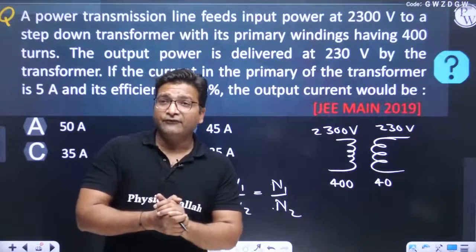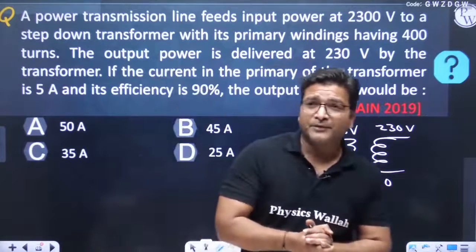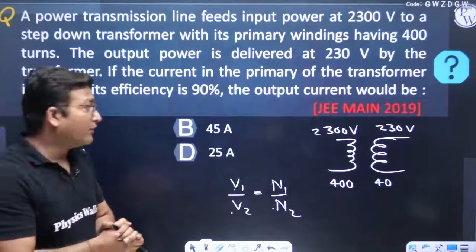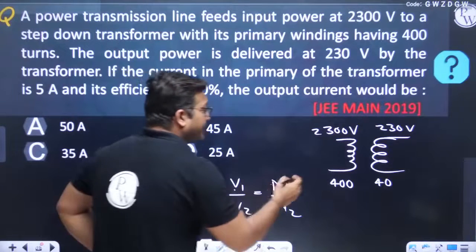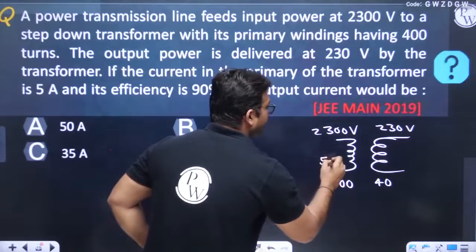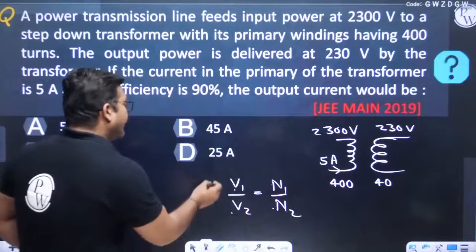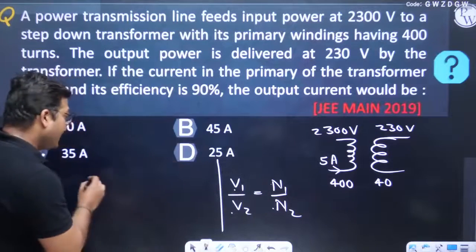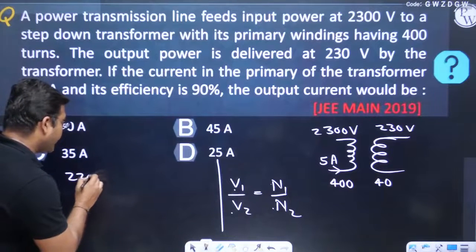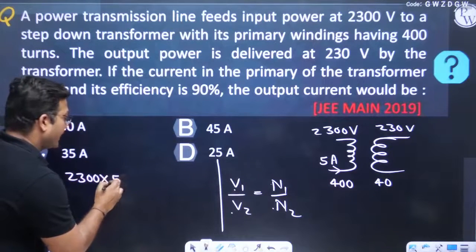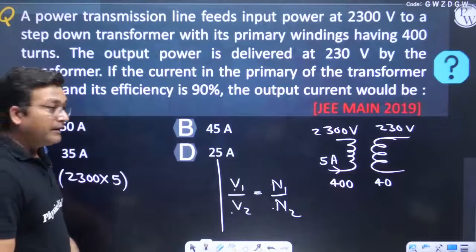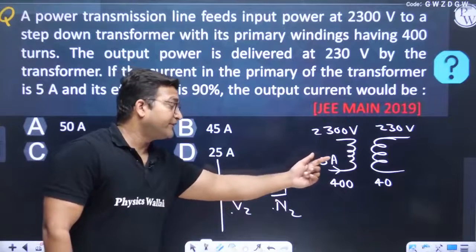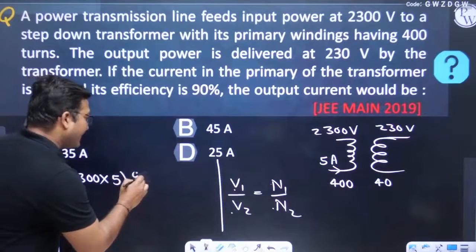Now they are saying if current in the primary of the transformer is 5 ampere and efficiency is 90%, what is the output power? So current here is 5 ampere. Let us calculate the input power. Input power should be 2300 times 5. As only 90% power is available on the secondary side, let's multiply it by 90 by 100.